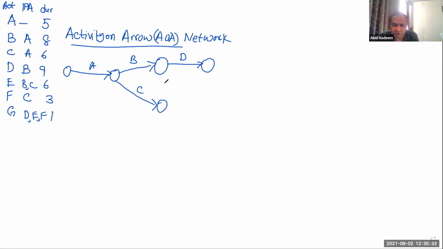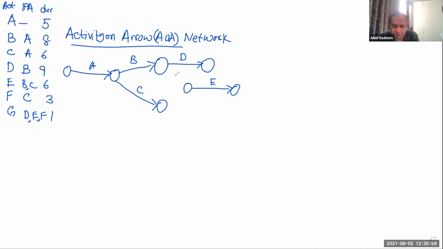Next we will have activity E, but E has B and C as the preceding activities. So I will have activity E over here, and now it has B and C as the preceding activities.